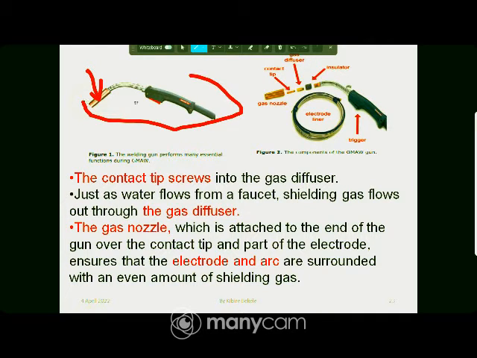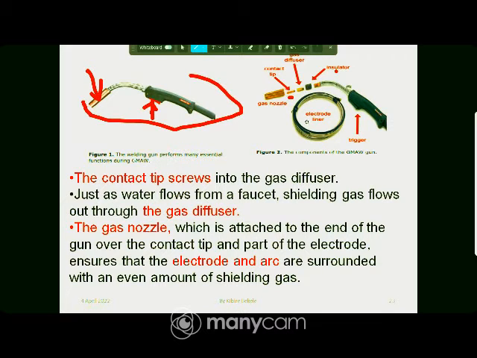Here there is a trigger, which you press to start the arc, to start the welding. There is a contact tip, this one. The contact tip is inserted in the gas diffuser. Then there is the insulator, and here there is the gas nozzle.